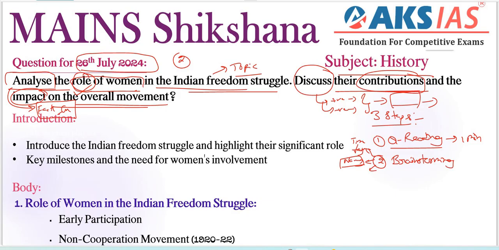So we need to include all the information, and also some information related to our movements, Quit India movement or civil disobedience movement or 1857 revolt. We need to recall which of these need to be included in the introduction, body or conclusion part, right? That is the 1 minute brainstorming step here.